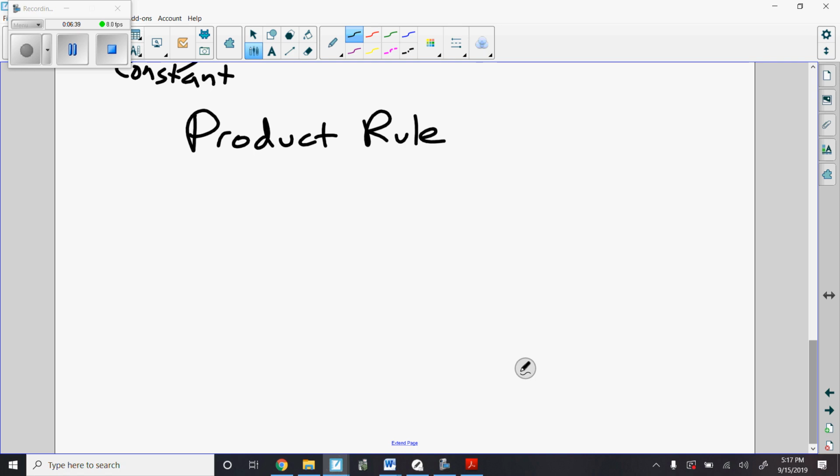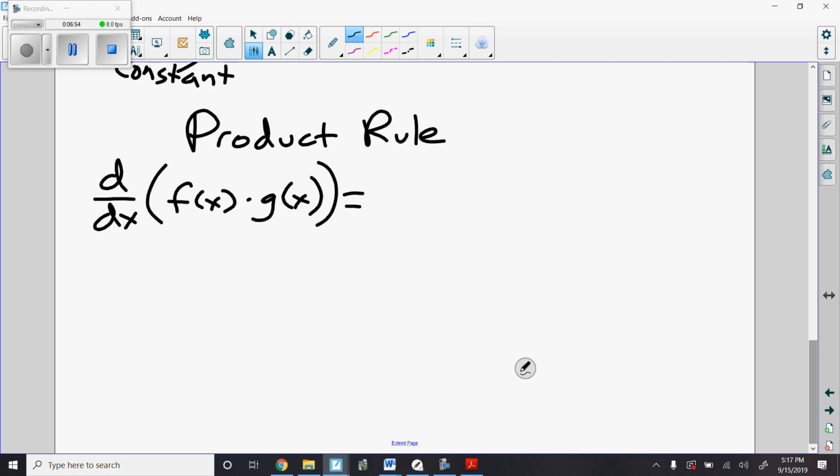For our generals, it's important to know the general rule and then how to apply it. Here's the general rule. If we do the derivative of a function f of x times another function g of x, this will always simplify to the derivative of the first times the second plus the first times the derivative of the second.